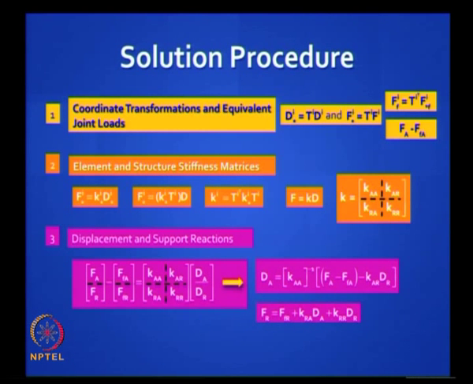Take the first equation, solve it, find the unknown displacements, plug it into the second equation, find the support reactions, and then you can also use the unknown displacements to find the member forces. Just want to remind you that this last equation is familiar to us. What is it really? The equation we have written in matrix form.